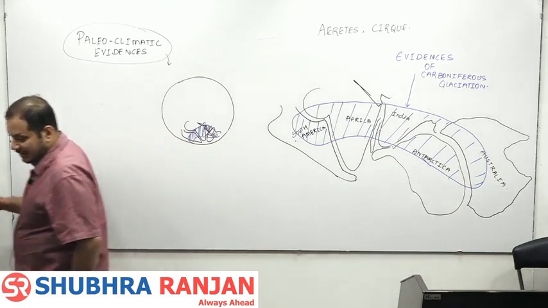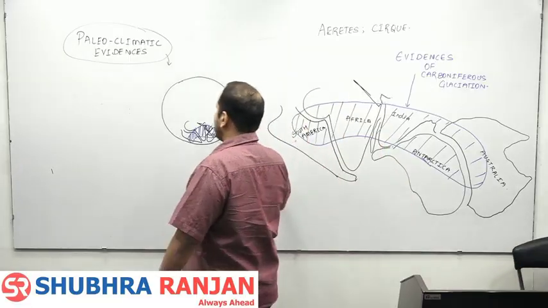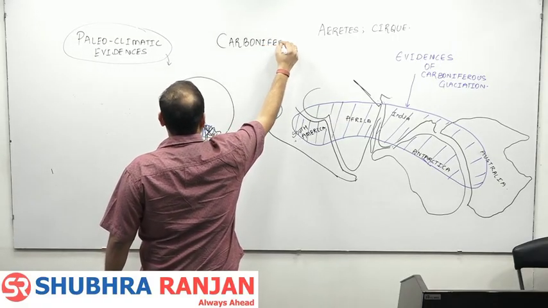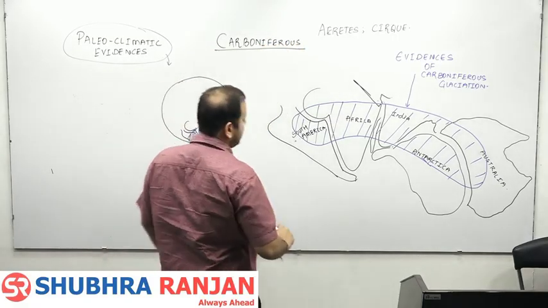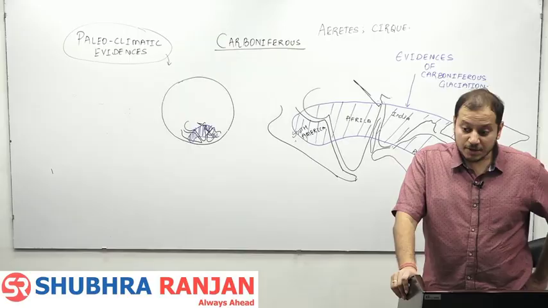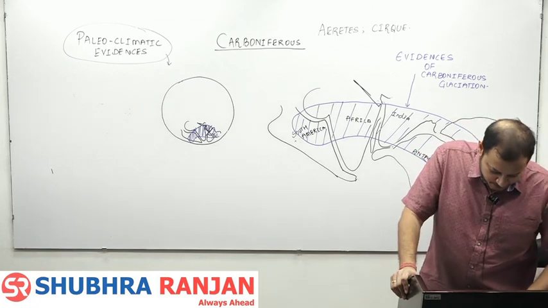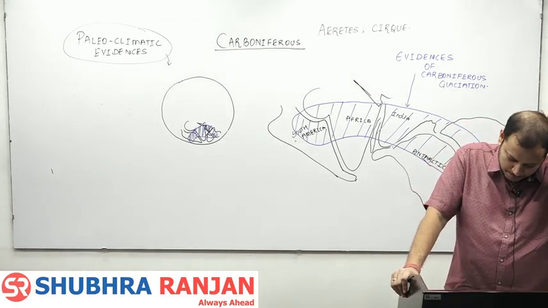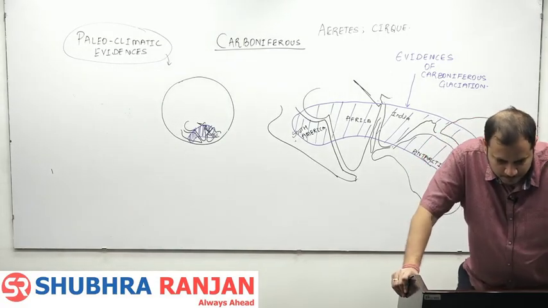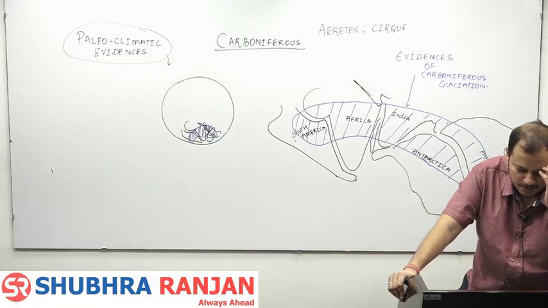Coal was formed in a period, ये भी GS के लिए याद रखना, the coal was formed in a period known as Carboniferous period, due to death and decomposition of vegetation belonging to hot and humid climatic conditions.